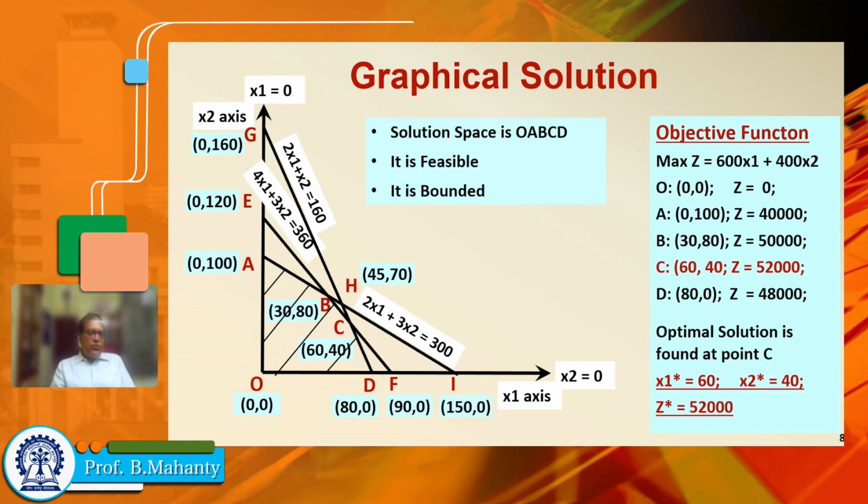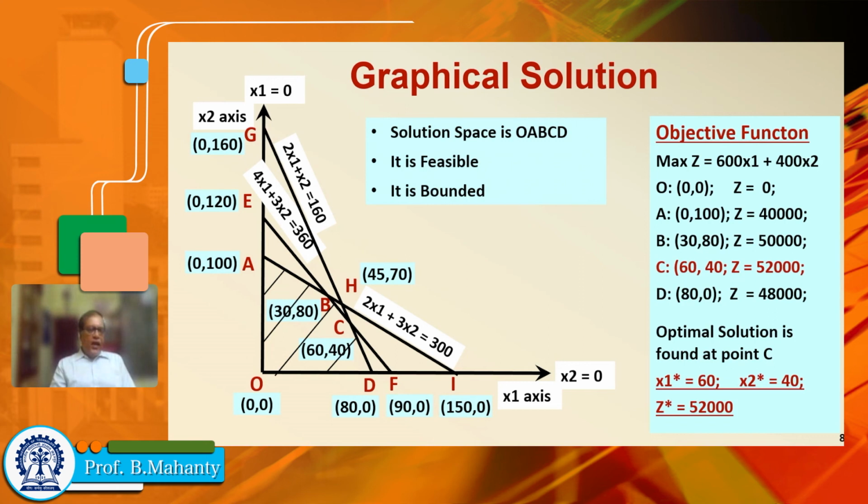X1 was found to be the more profitable direction between x1 and x2, and we found that it becomes 80, right? So what has happened afterwards? Afterwards, we have come to the point C, and point C, 60/40, has become the optimum solution.